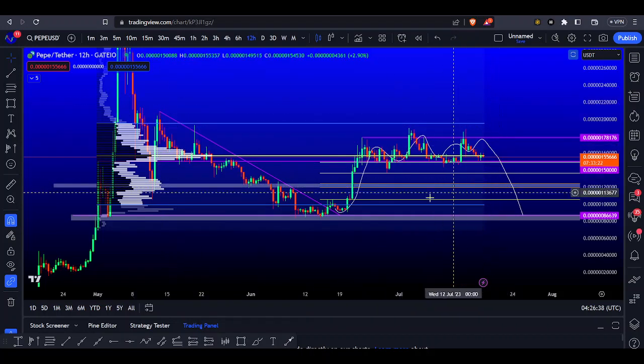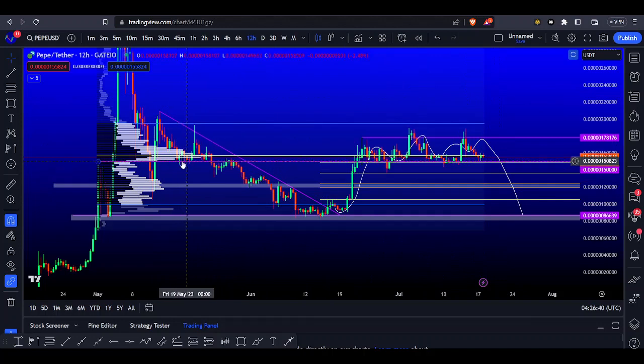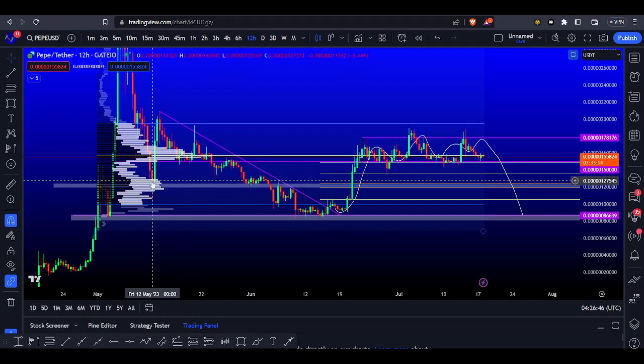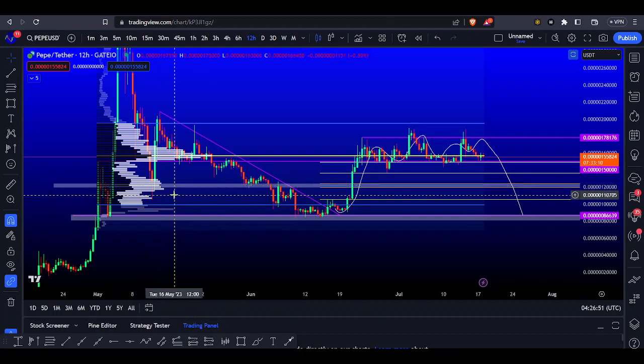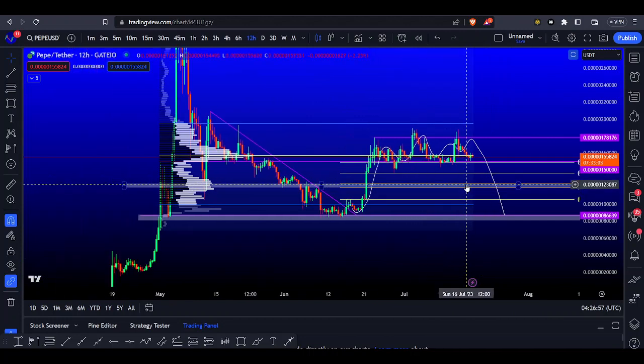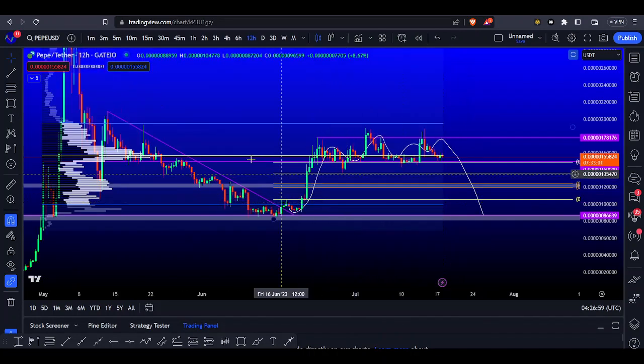That's where these big players can fill their bags, and you can see the volume drops off, so it's going to be like a vacuum. Price should fall off the cliff here and go right to this next value area, in my opinion, which is right there at the golden pocket, right? So this level right here is just definitely important for PEPE.